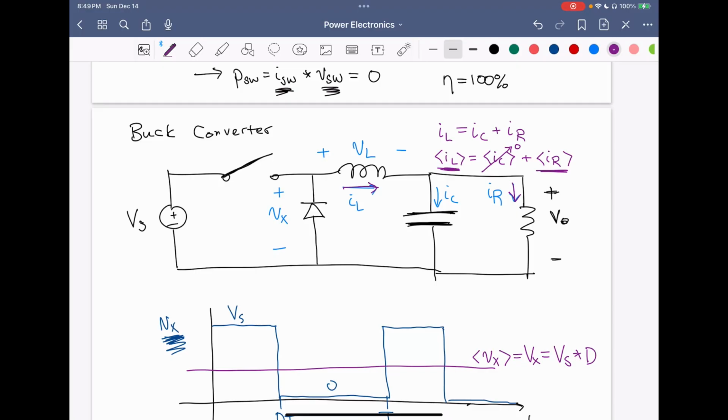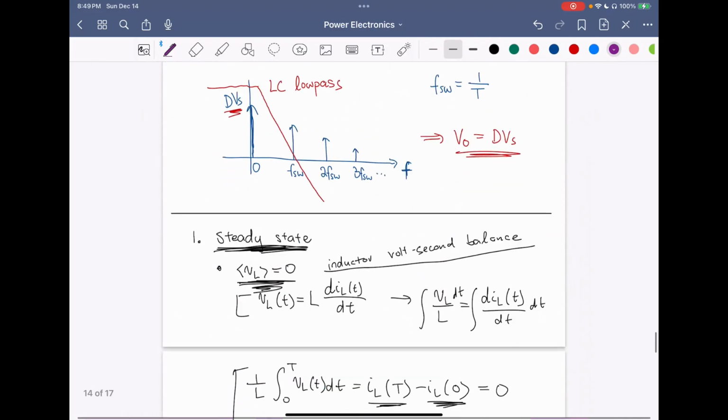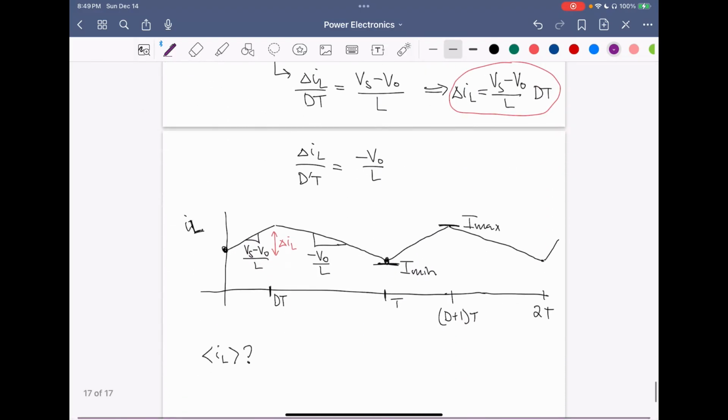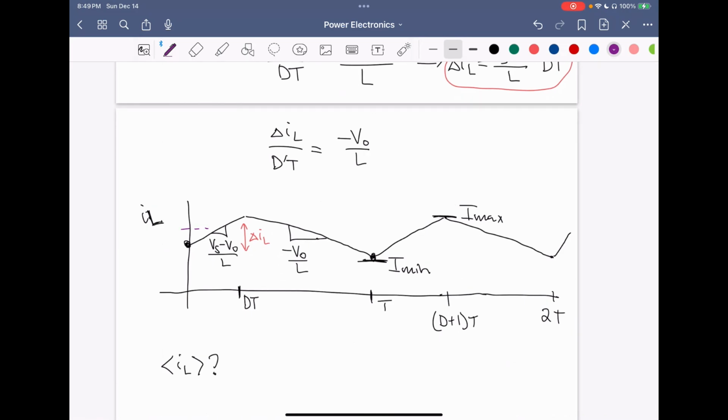The average load current is equal to the output voltage over the load resistance R. So we have found the average inductor current: IL equals VO over R.